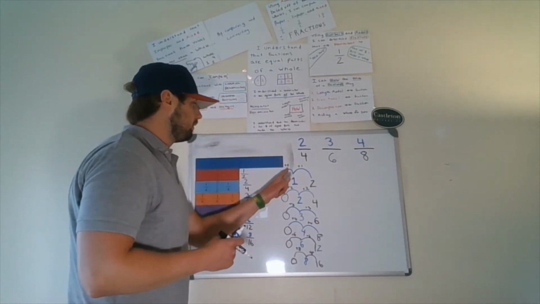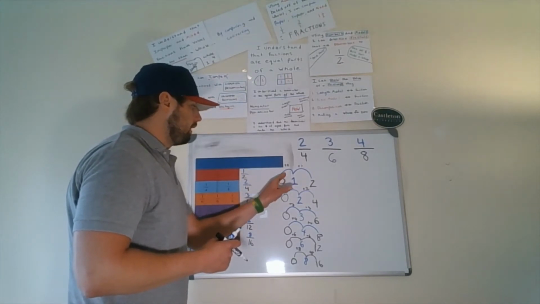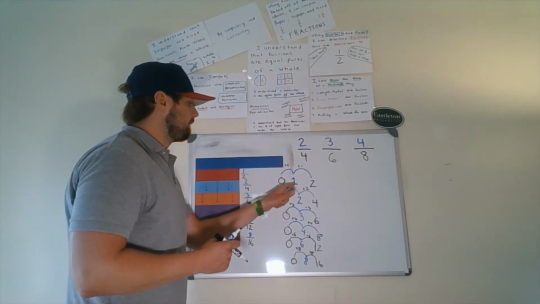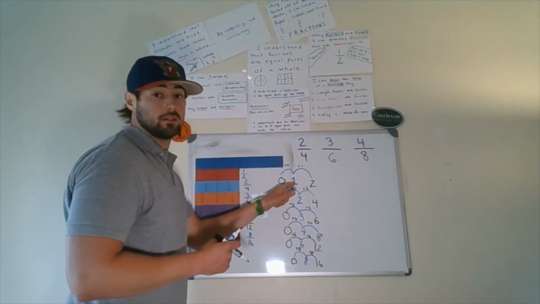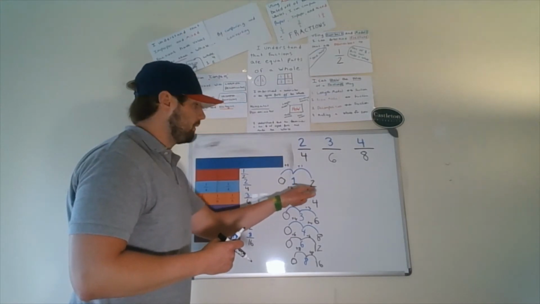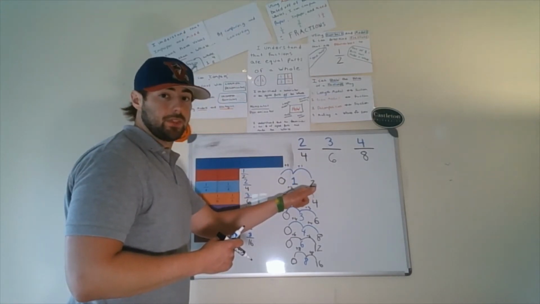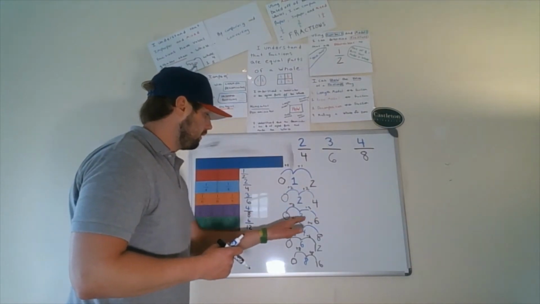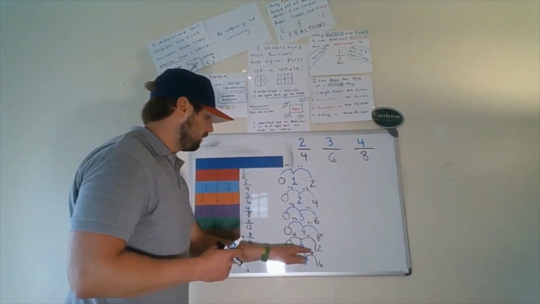There is an equal distance between nothing and the parts. And there's an equal distance between parts and the whole, or the parts that make the whole. Every single time.